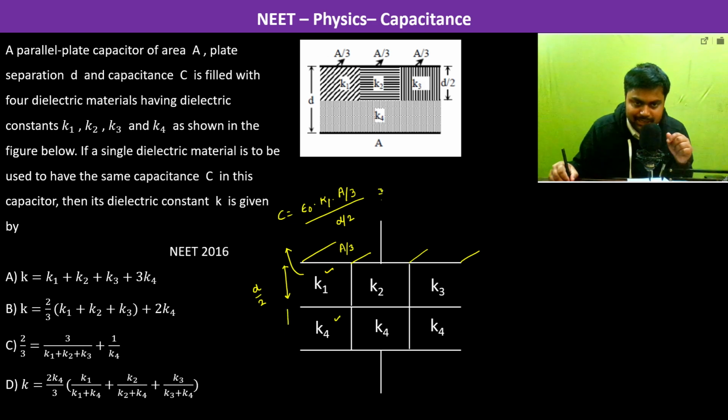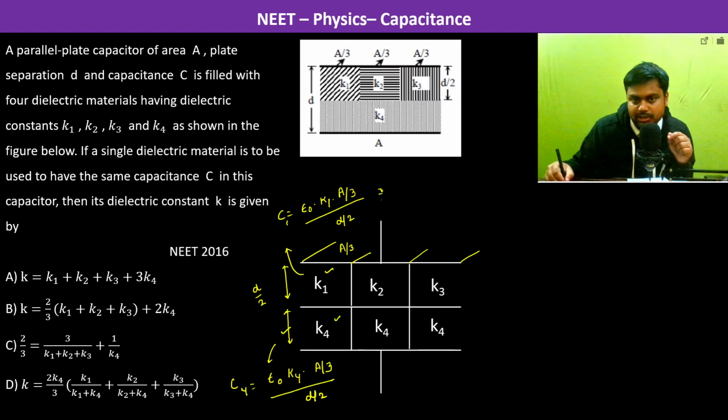Now this is connected in series with this. What is the capacitance here? For C4, the capacitance is epsilon naught K4 into A by 3 divided by D upon 2.